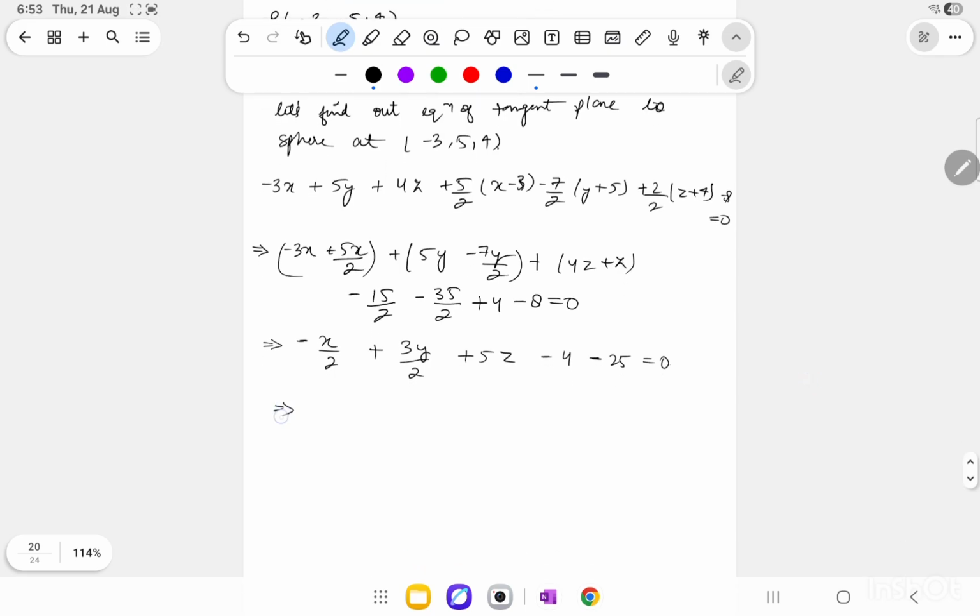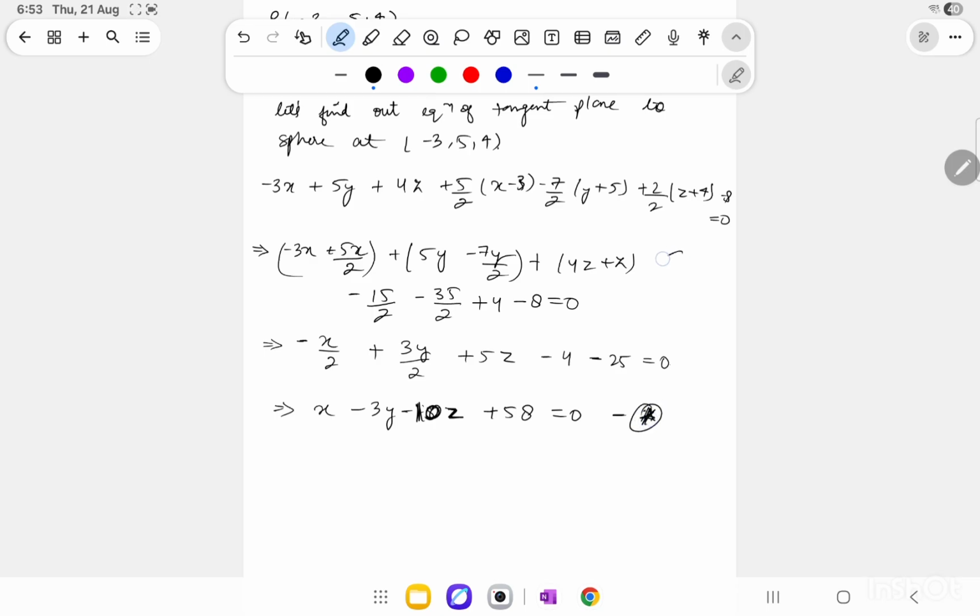So on further simplifying it, I'll get x minus 3y minus 10z plus 58 equals to 0. So this is basically my equation of tangent plane to the sphere.